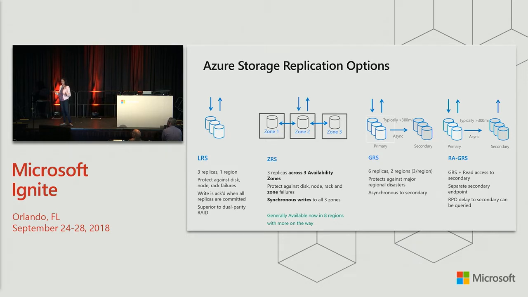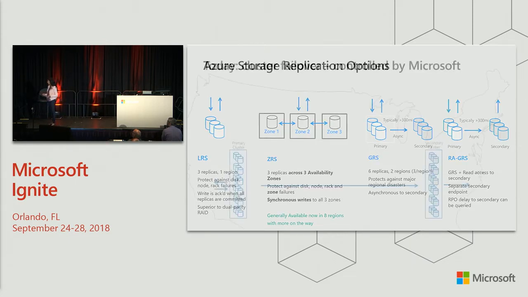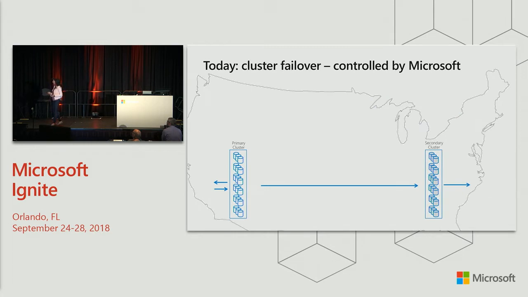Having recapped the replication options, let's look at what happens in our clusters when there's a failure. This is your typical cluster setup. As an example, let's say your primary cluster is US West and your secondary cluster is US East. Always remember, storage favors durability over availability.